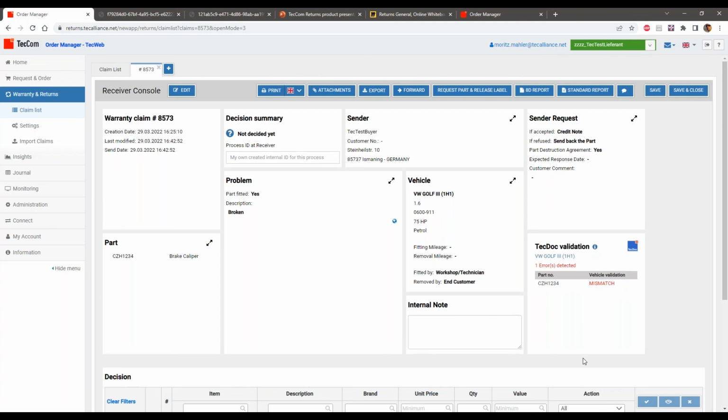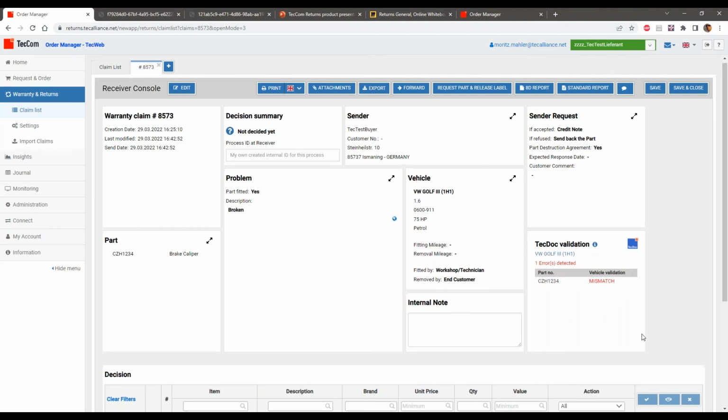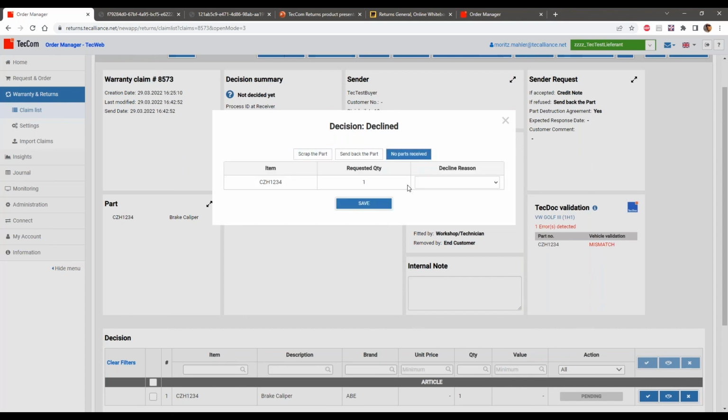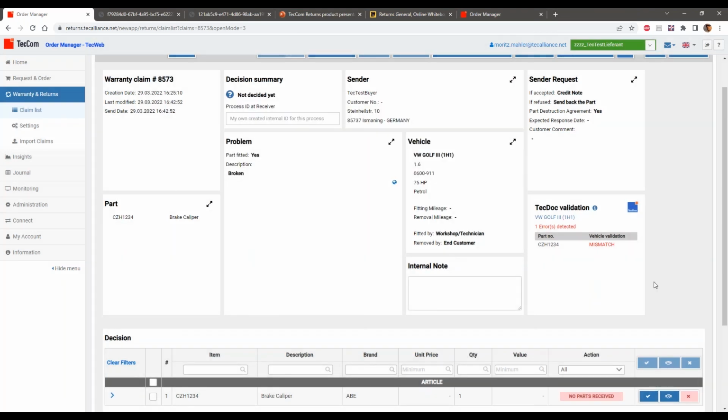So it reduces the discussion with the sender of the claim massively, because you can directly say, okay, no, sorry, this is directly declined. I have not received the part yet because you just sent this, and I decline it because it's the wrong part for this car.